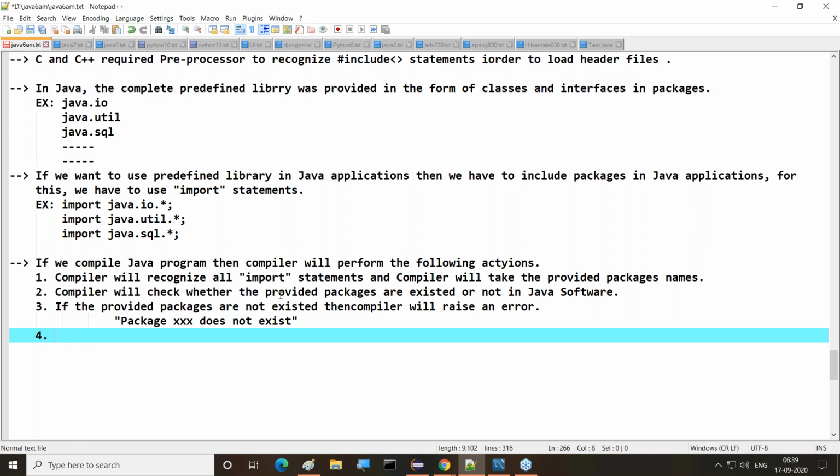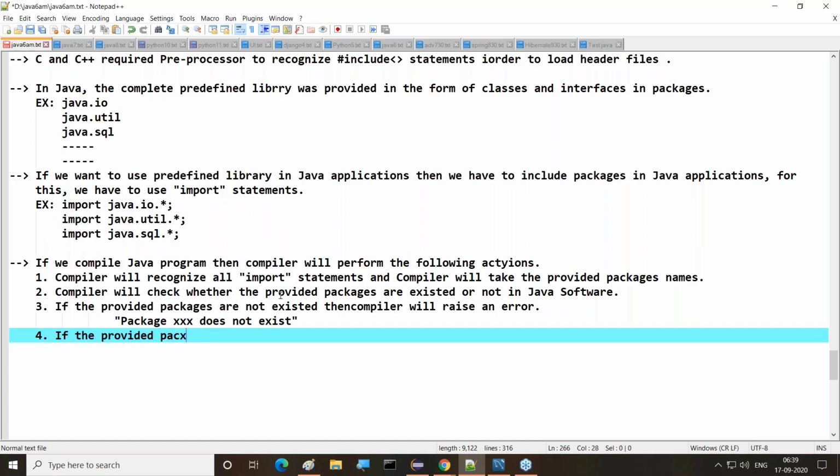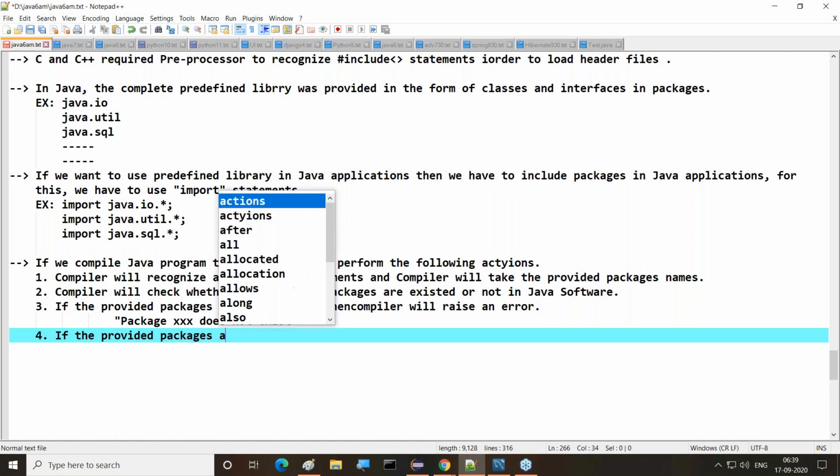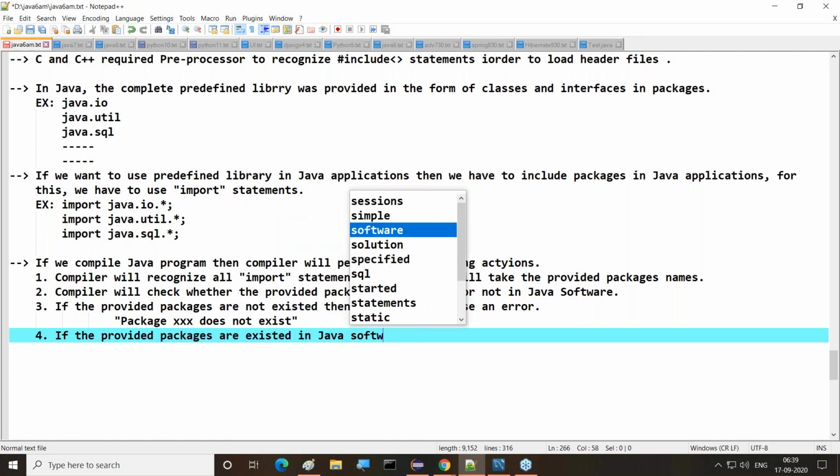Right. Let's move on to the fourth point. If the provided packages exist in the Java software, the compiler identifies the provided packages inside the Java software, then what is the compiler doing, that is important.